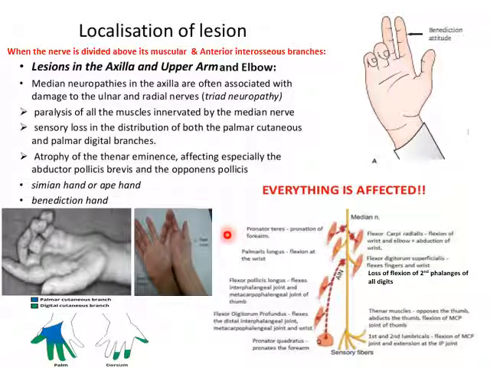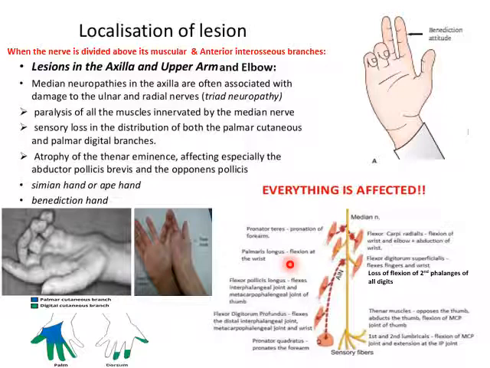So the pronation of the forearm is totally lost, as the pronator teres and the pronator quadratus are damaged or paralyzed. And the superficial flexors are paralyzed, which leads to the loss of flexion at the wrist.